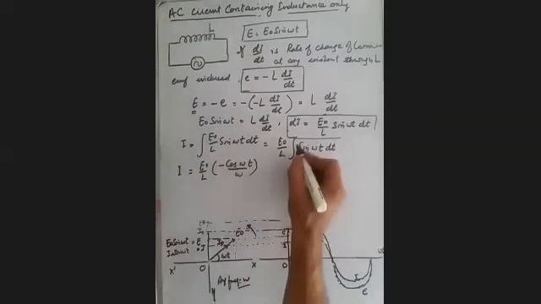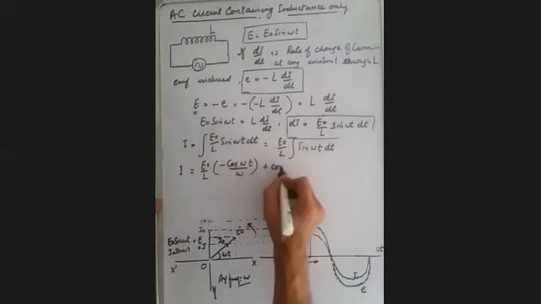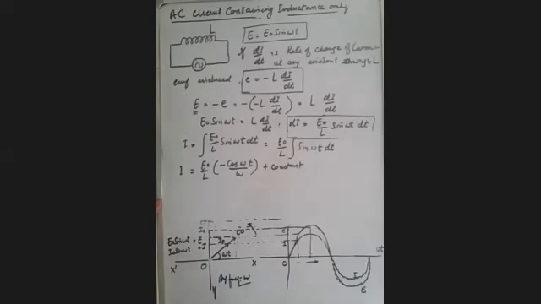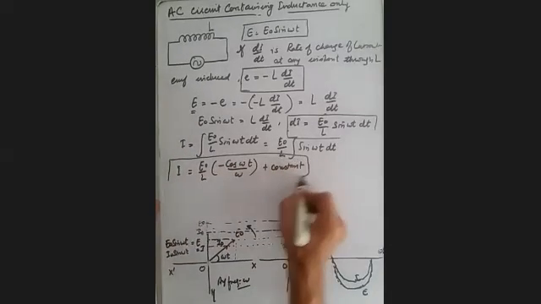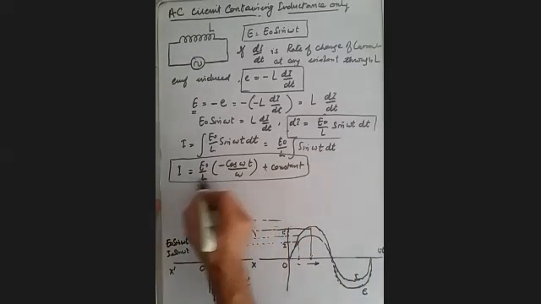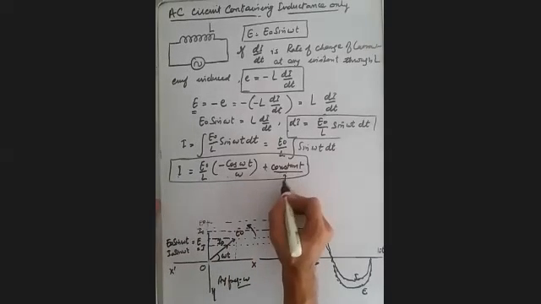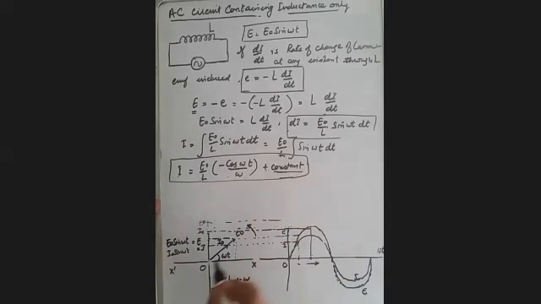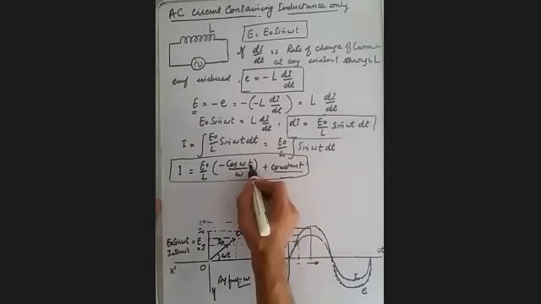Now this is indefinite integration, so we'll add a constant, which is C. Now let us understand this constant: because it is being added to current, it must also be current. So this constant has the same dimensions as current, but it does not show any relation with time.